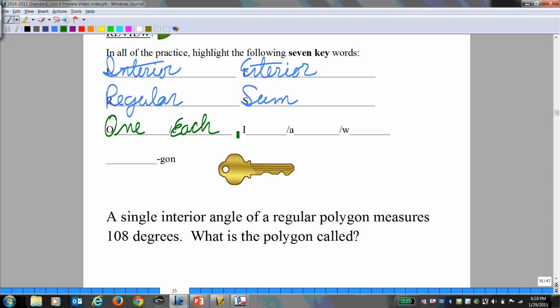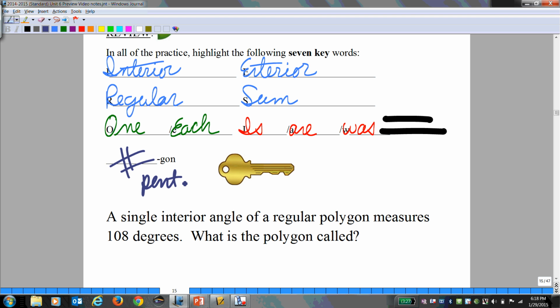One each, similar concepts. Is, are, was, were, by far the most important words you'll ever see because those imply an equal sign. Last one is the number of sides. Is it a pentagon, a hexagon, etc.? Watch out for those prefixes.